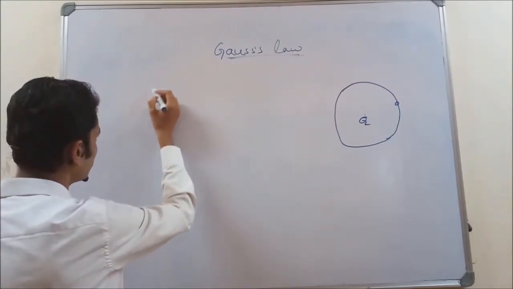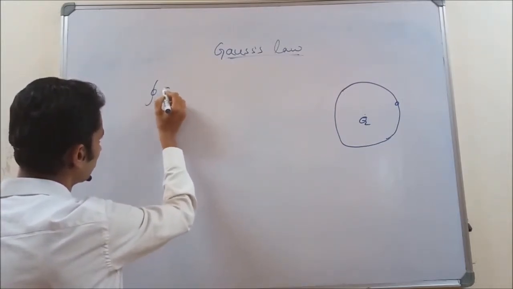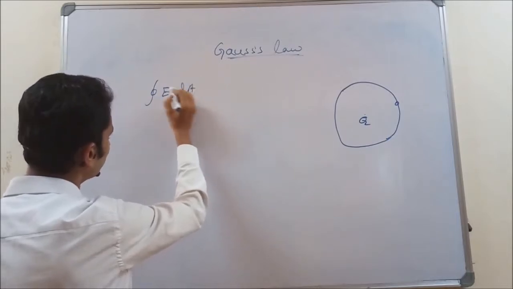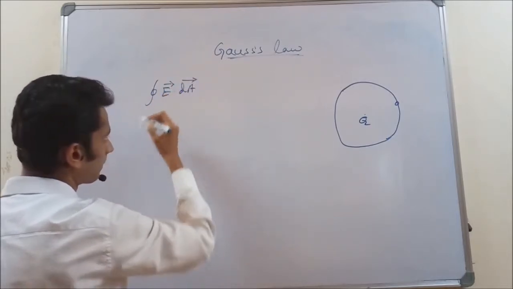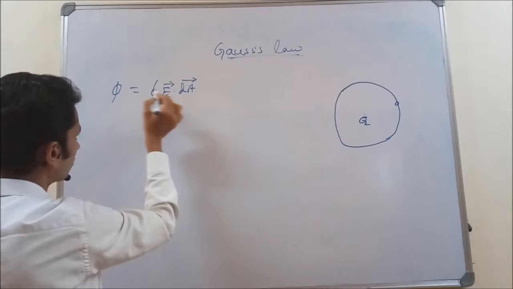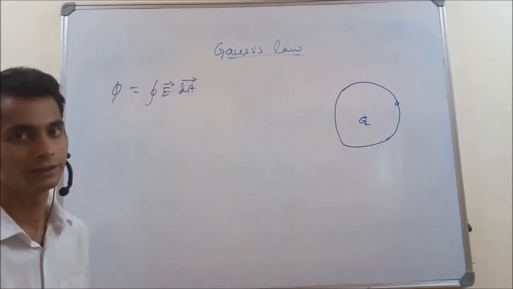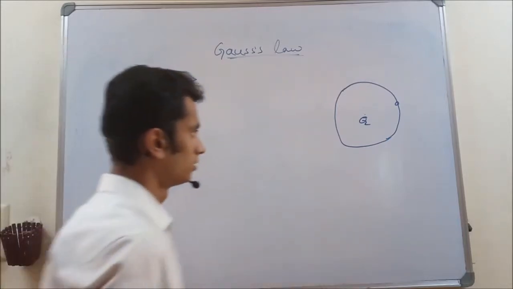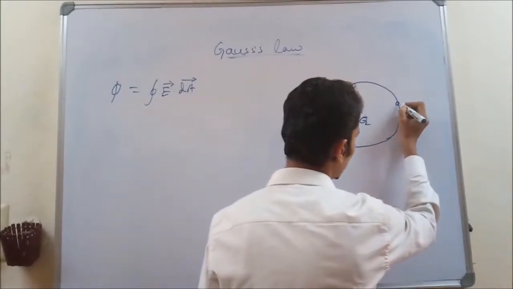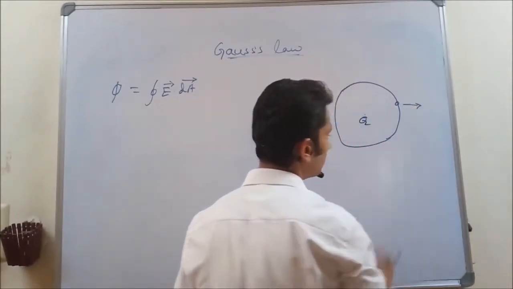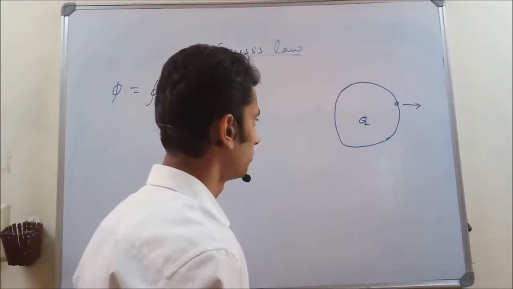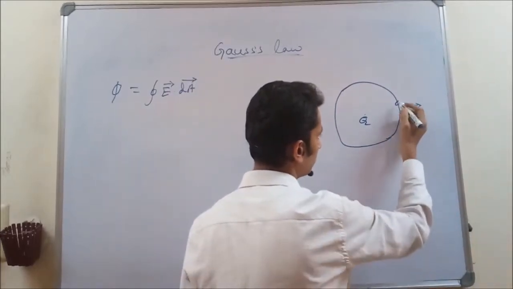As per the flux definition, flux is equal to the closed surface integral of E dot dA. Here dA is the small area element.